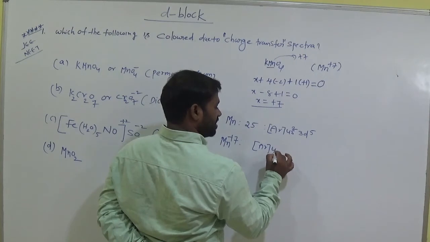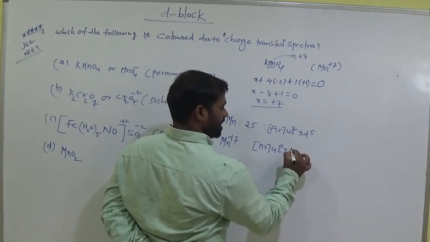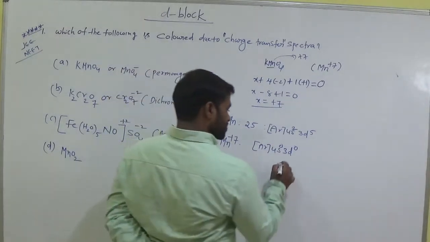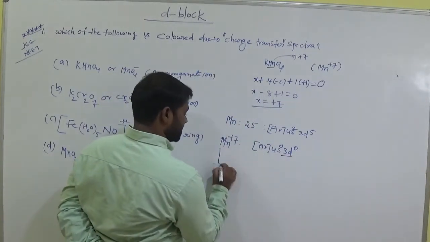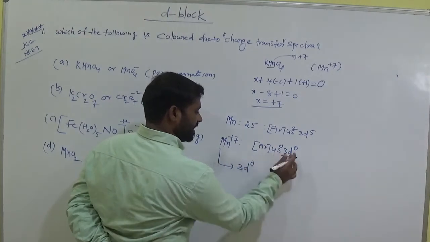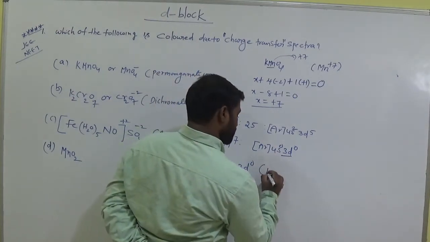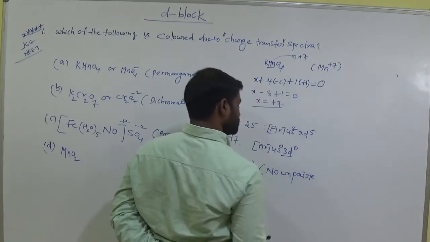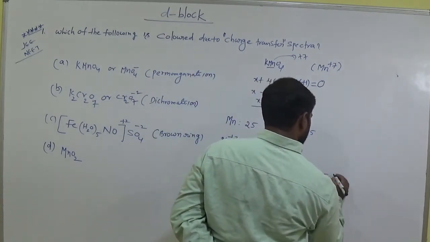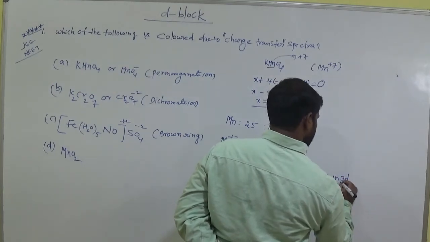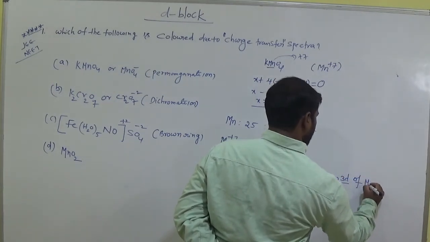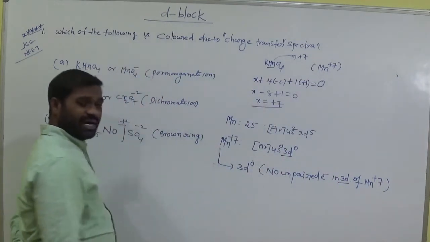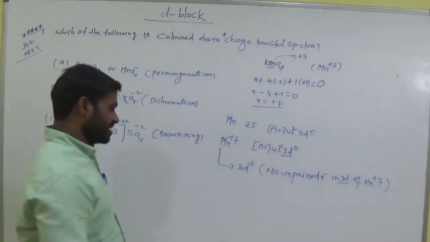Then argon 4s0 3d0. 2 plus 5, 7 electrons removed. So Mn+7 consists of 3d0. Am I right? 3d0, no unpaired electrons in 3d of Mn+7. I think we expect it is colorless. Am I right?